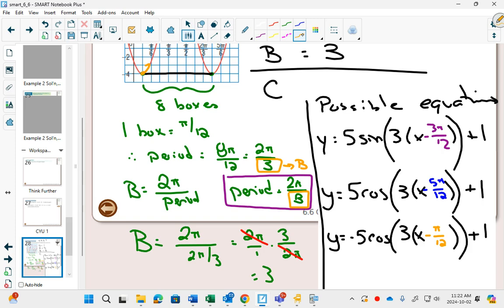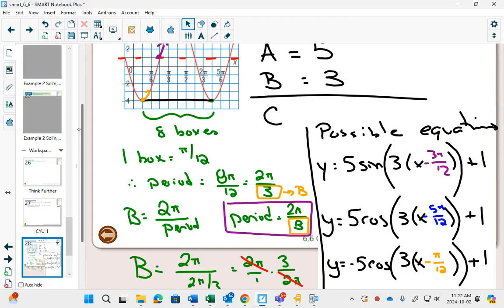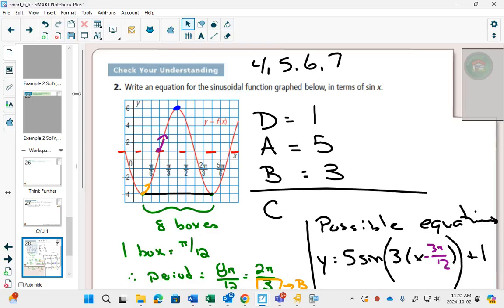When we're asked to find the equation, we have lots of options. If I give you an equation, there's only one graph you can draw. But given a graph, there's multiple equations you can make, and you'd have choice there. Sometimes on a test, they say, write one with sine, one with cos.